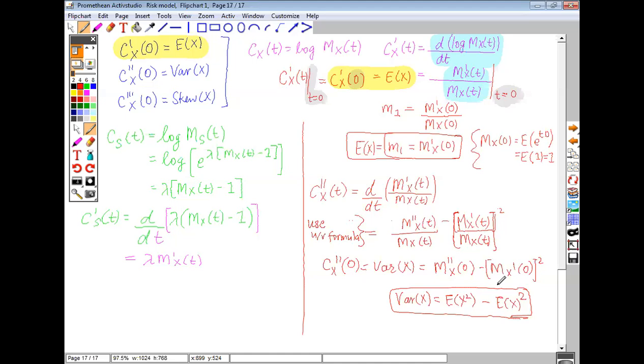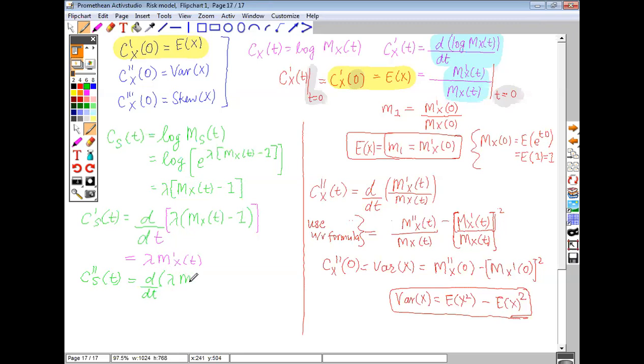So again, now let us try to see how can we derive this skewness. So maybe, we were stuck here, right? So what can we do next? If I were to differentiate this again, what will I have? I'll have C prime S double T, and this will be equal to d by dt of this guy, right?